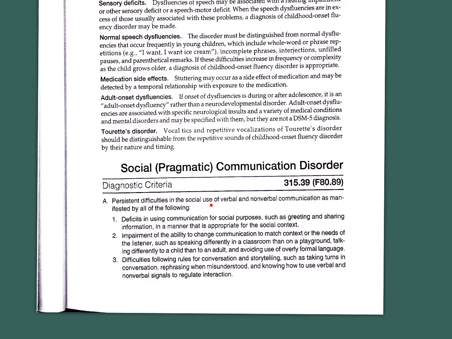Persistent difficulties in the social use of verbal and nonverbal communication, as manifested by all of the following. Deficits in using communication for social purposes, such as greeting and sharing information. Impairment of the ability to change communication to match context or the needs of the listener, such as speaking differently in a classroom than on a playground, talking differently to a child than to an adult, or avoiding use of overly formal language.